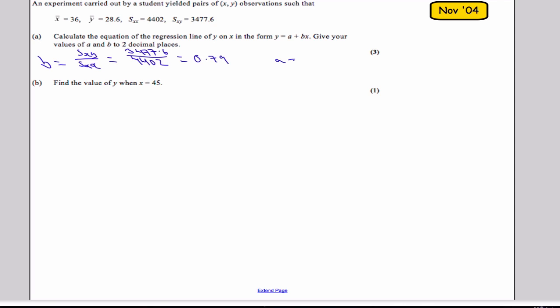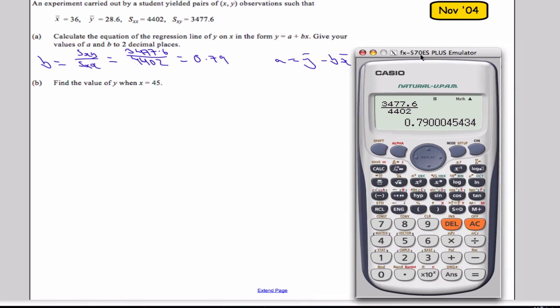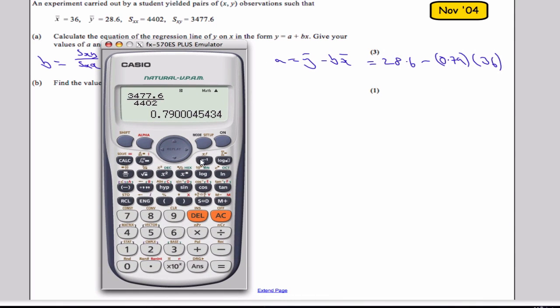And remember, a is equal to y bar minus b times x bar. In this case, y bar is given as 28.6, minus b, which I'm going to use the exact value which I have in my calculator, not 0.79, times x bar, which is 36. So that's my exact value for b, so I'm going to use that.